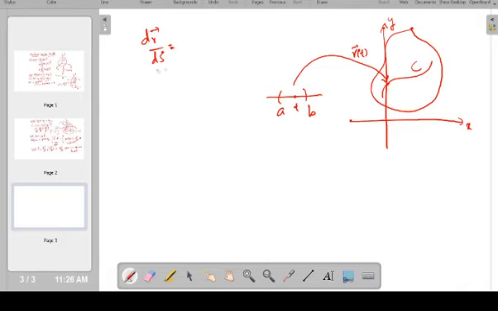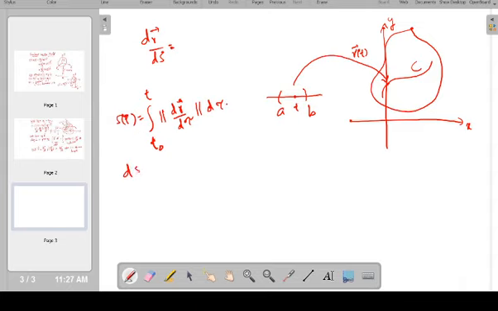Now s of t is equal to integral from t naught to t, this is the arc length, norm of dr by d tau, that means velocity, d tau.